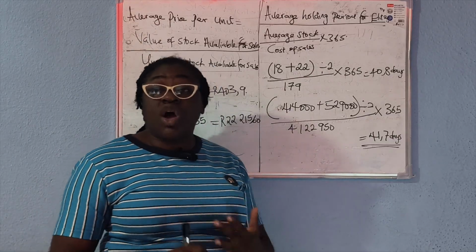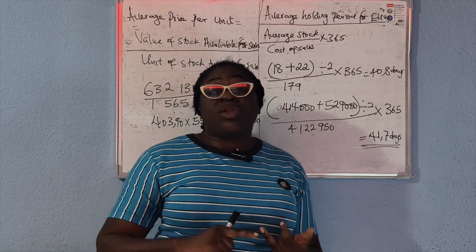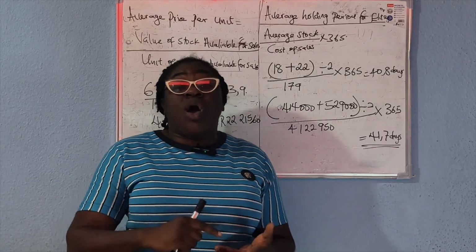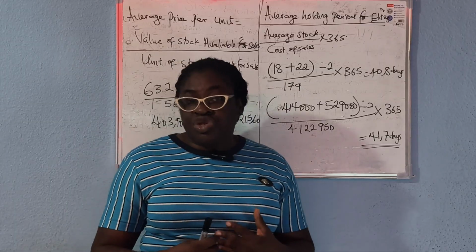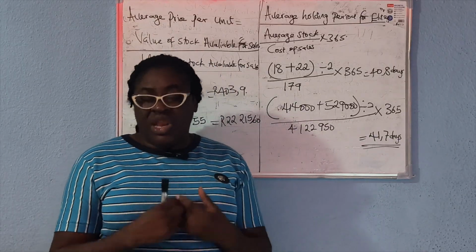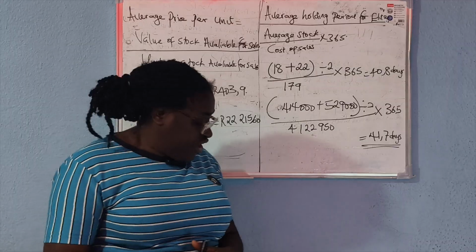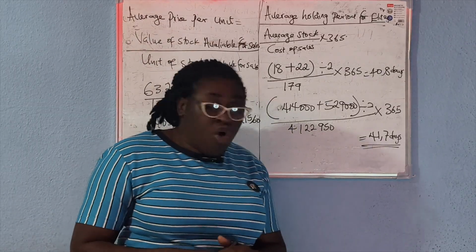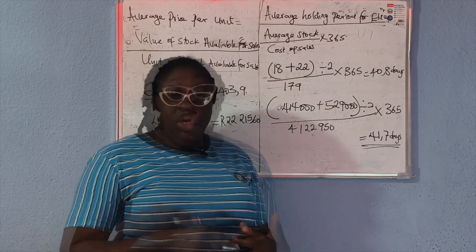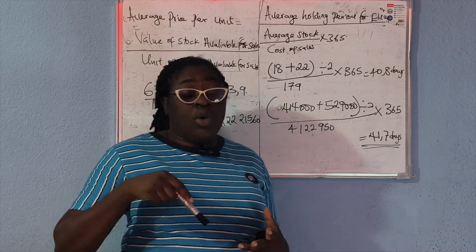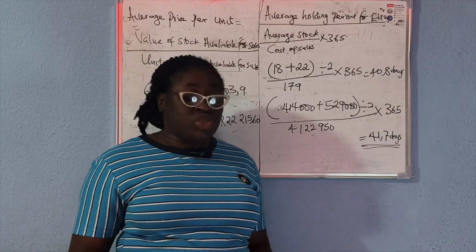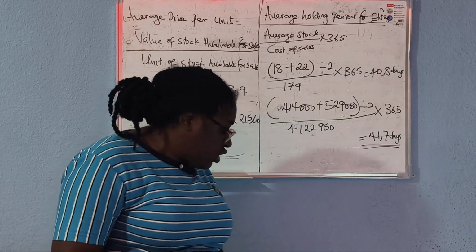So our closing stock will be higher, and because our closing stock will be higher, our cost of sales will reduce. And once your cost of sales reduces, your gross profit will increase. So that is one benefit of FIFO over weighted average: your closing stock will be high, your cost of sales will be low, and that will lead to a high gross profit.